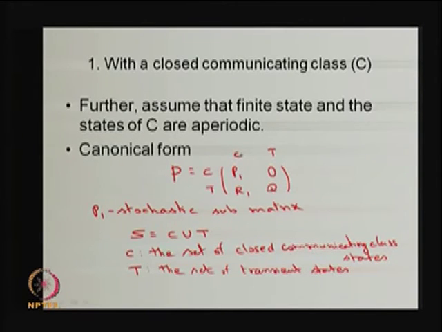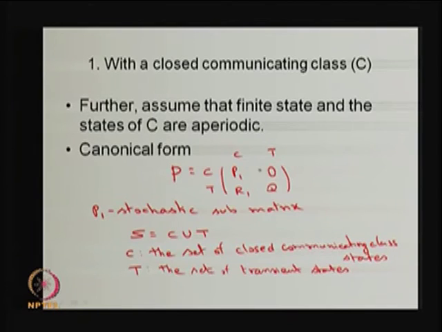That means C to C, that submatrix of the one step transition probability is P1, whereas the one step transition probability going from the closed communicating class states to the transient states is 0.